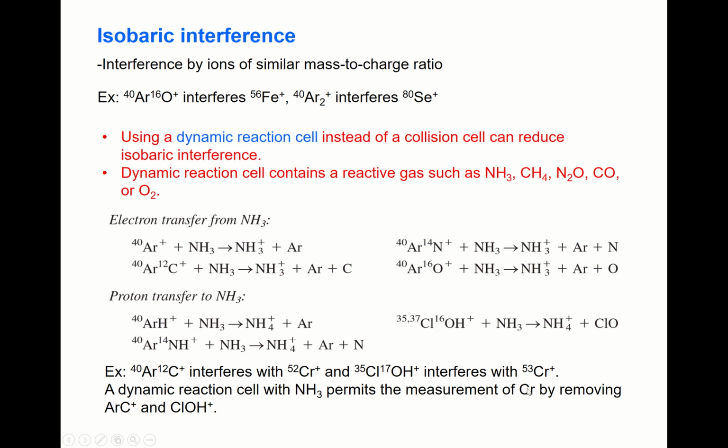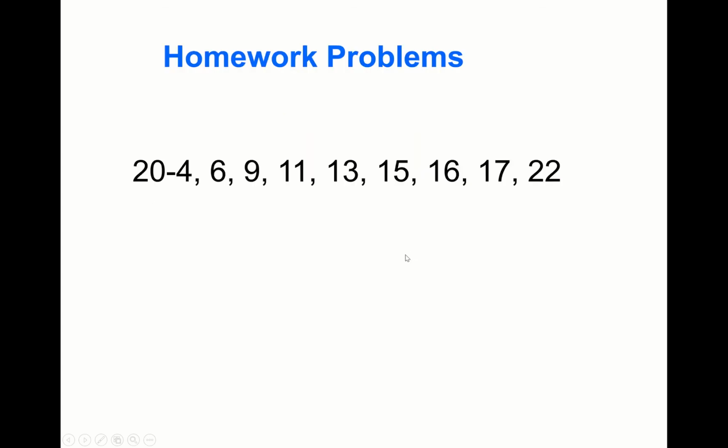So only the chromium ion is there, and it can be detected by the mass spectrometer. That's the principle. Somehow it's very simple, and very important. This is the end of this chapter 20, and here are homework problems. You solve these problems and upload your answers.